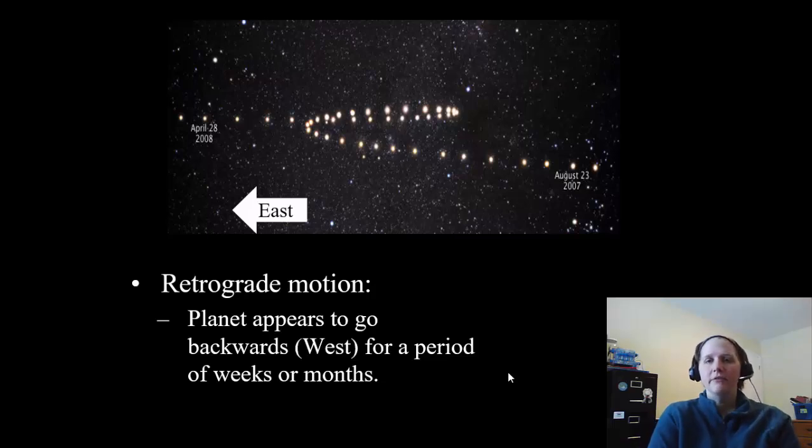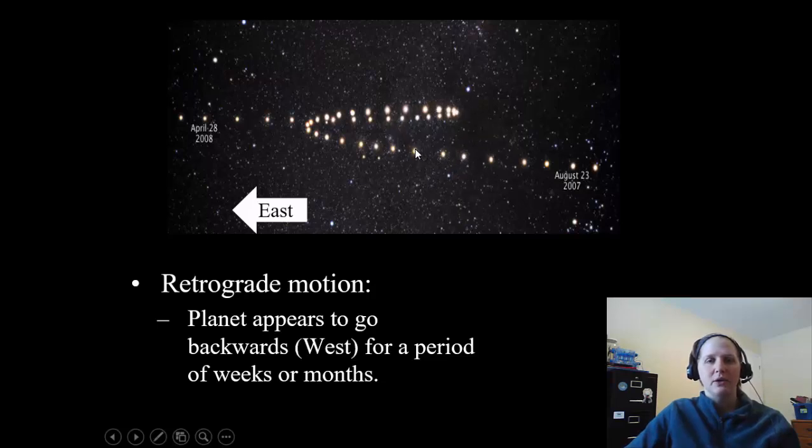But if you keep track of a planet's position compared to the stars, so you're plotting it compared to the stars, that's my picture here. There's the background of the stars. And over time, you keep track of, in this case, Mars's position, it will appear to move. The stars are so far away you can't notice them moving, but Mars is much closer.